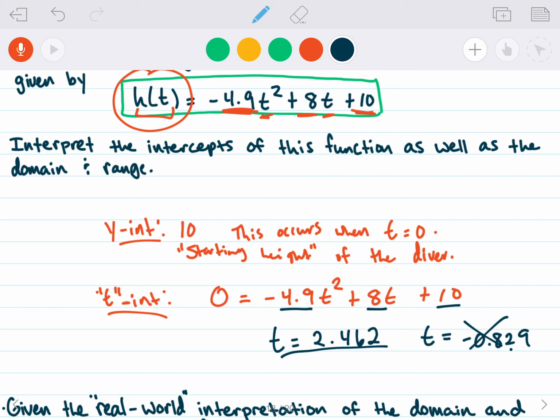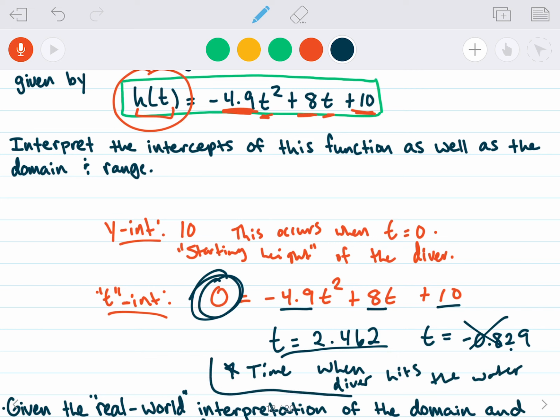Well, what it means is this is the time when the diver hits the water, when the height is 0, right? So this is the time when the diver hits the water. Okay, so that's going to be this time right here.